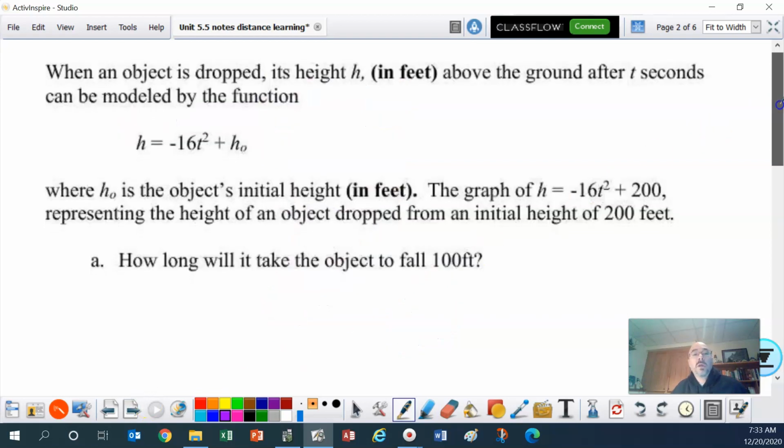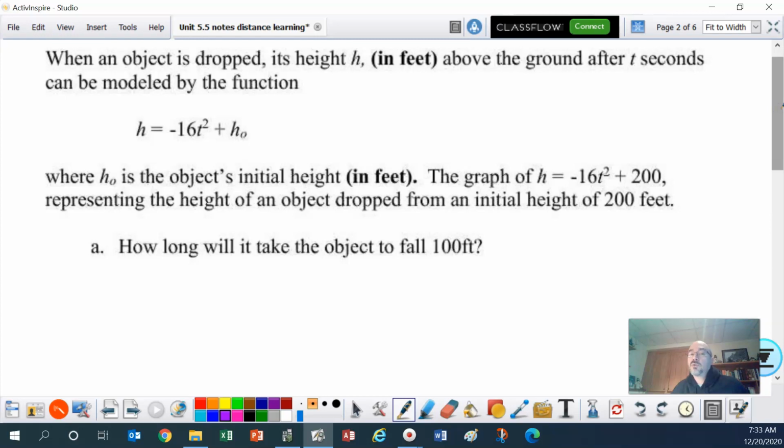In this situation, we have an object that is dropped from up in the air. Its height in feet above the ground after t seconds can be modeled by this equation. Maybe you've seen this equation in your science class, where h sub 0 is the object's initial height in feet.